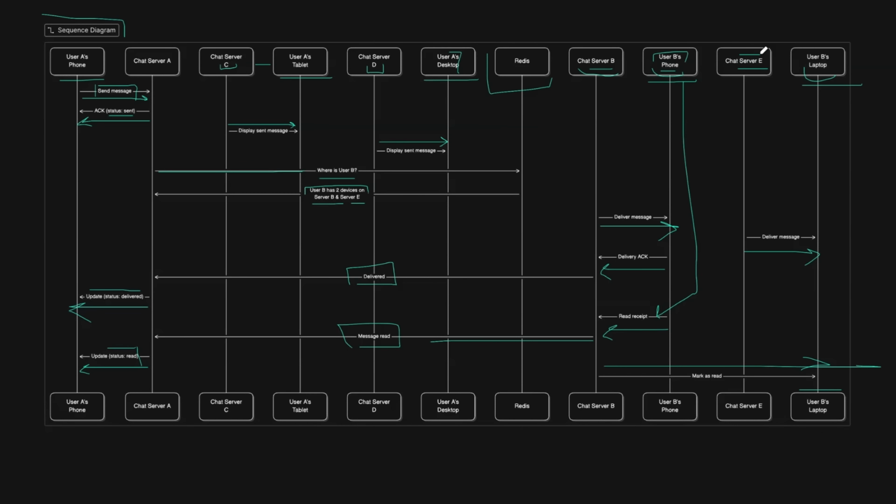Instead, the device can request messages for the last 30 days. Most users only need the recent history, and older messages are fetched on demand when needed. When the user scrolls up, the old messages will start to load. And very old messages will be archived in cold storage and loaded lazily.